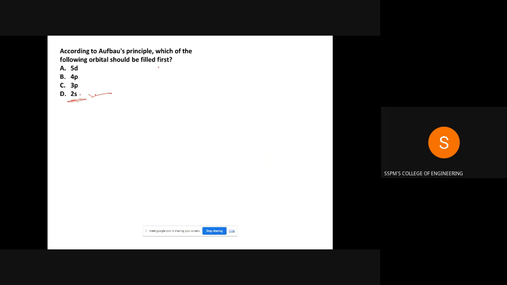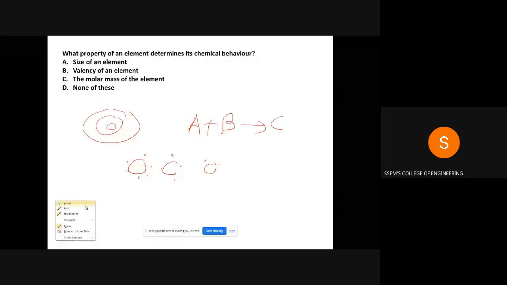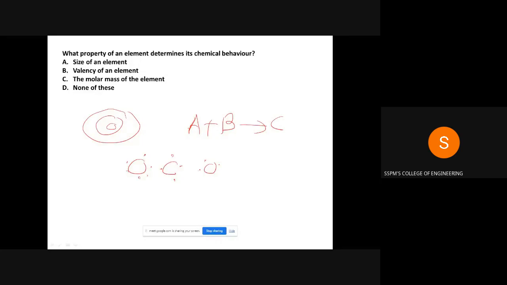Take the example of CO2: C, O and O. Carbon has 4 valence electrons and oxygen has 6 valence electrons. So bonding takes place easily between carbon and oxygen.